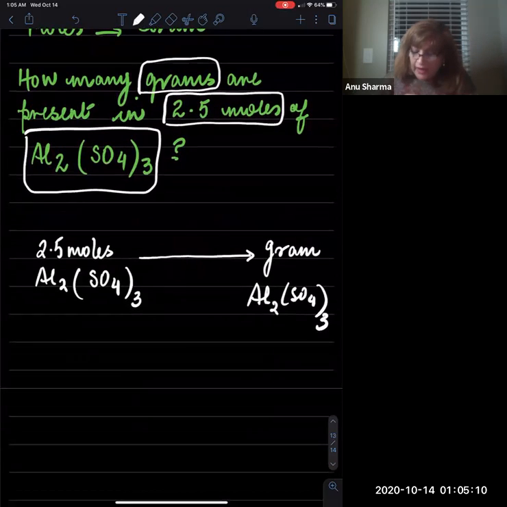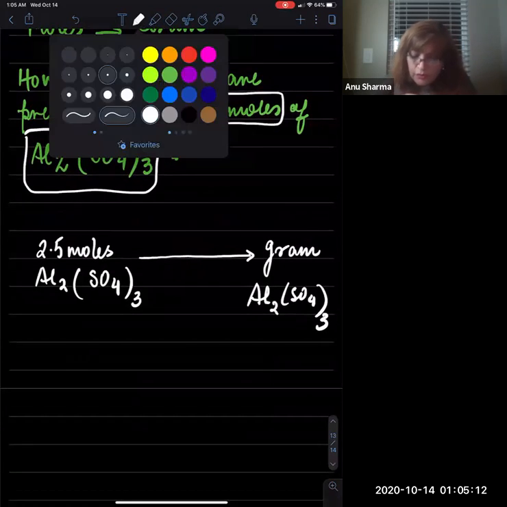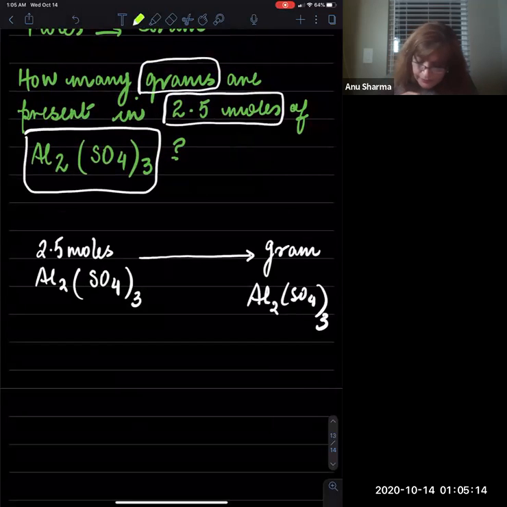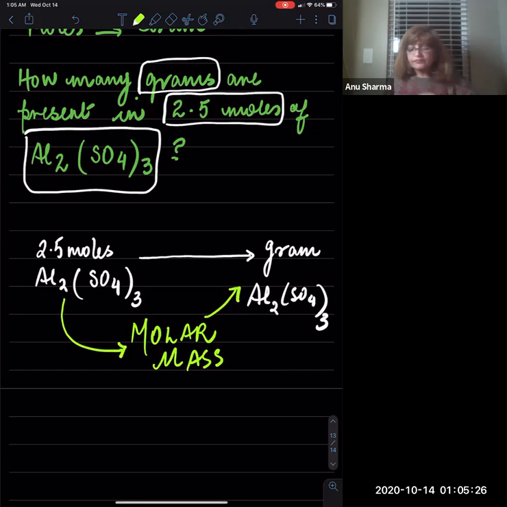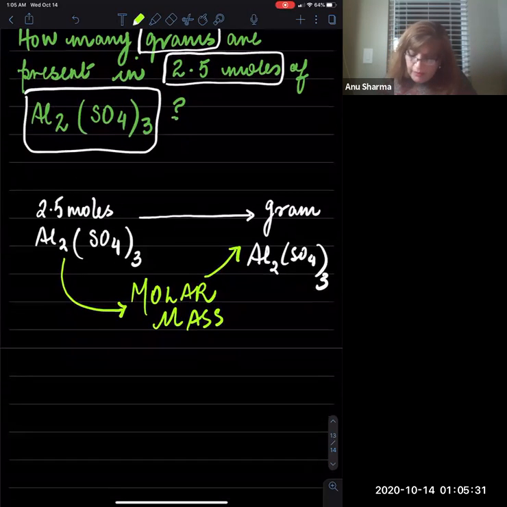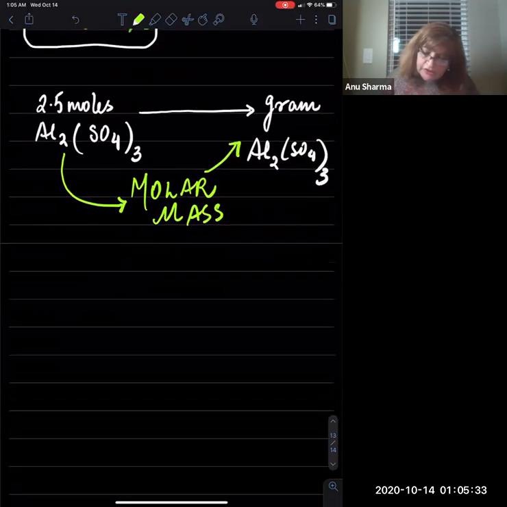Okay, and the conversion involves using the molar mass of aluminum sulfate. All right, so there's no direct conversion. You have to get the molar mass and then you convert it. So let's do that first.